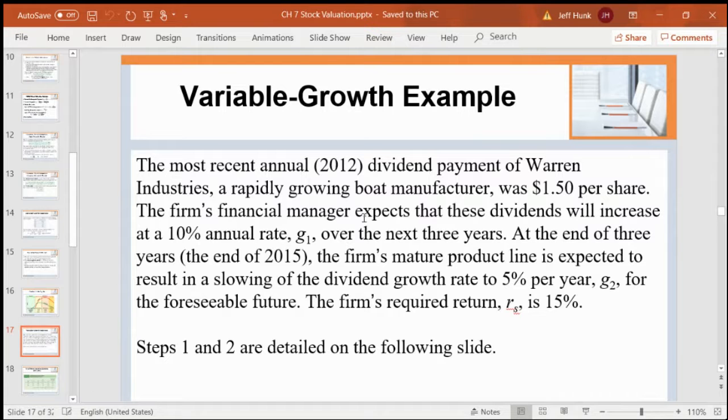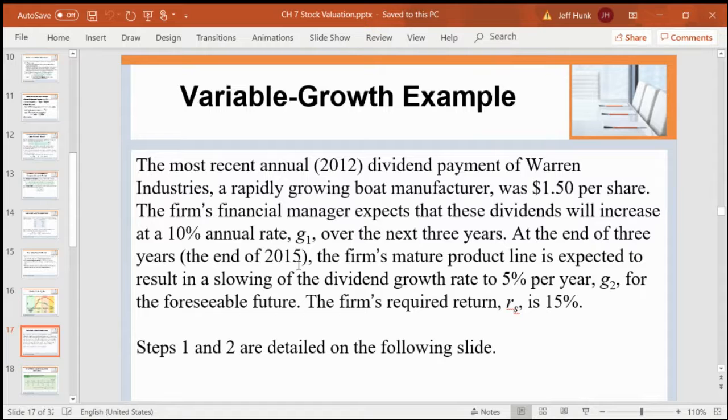The firm's financial manager expects that the dividends will increase at a 10% annual rate, G1. That wasn't G1 in the original verbiage; I put it there to distinguish between fast growth and slow. Dividends will grow at a 10% annual rate over the next 3 years, so the next 3 years will be the fast growth phase.